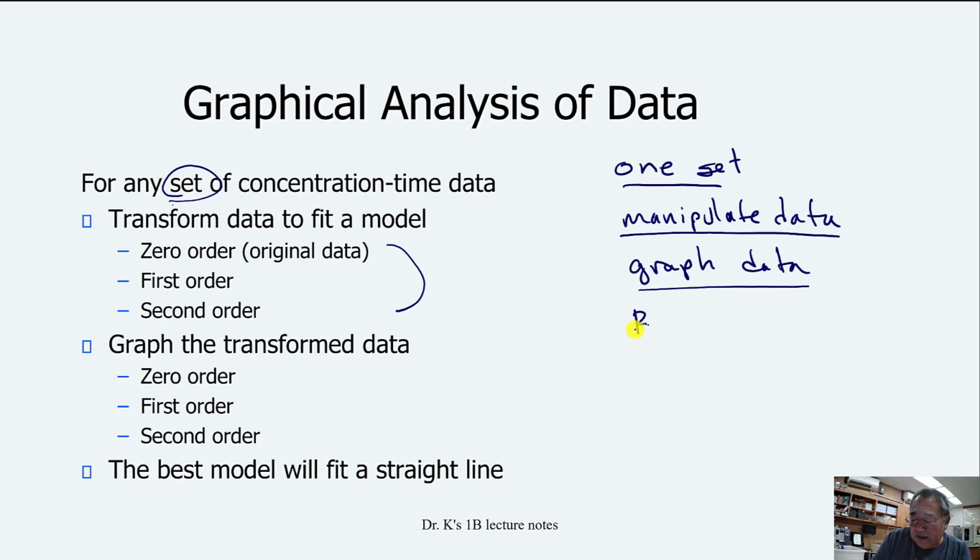And the best model tells us the order. Okay. So again, this is all based on one set of data. This is not the simplest way to do it, but it probably gives you the best, most reliable result. Okay, so let's leave it like that.